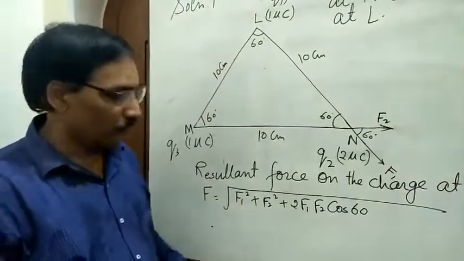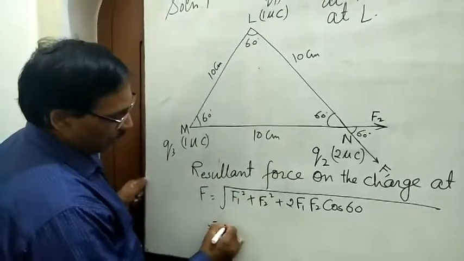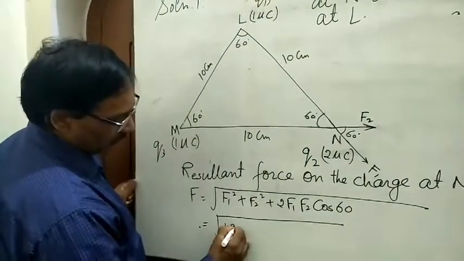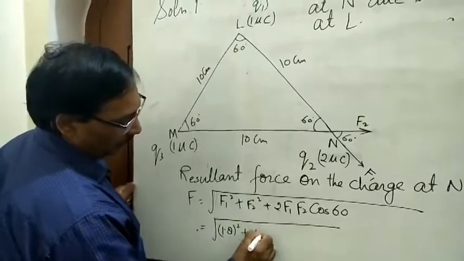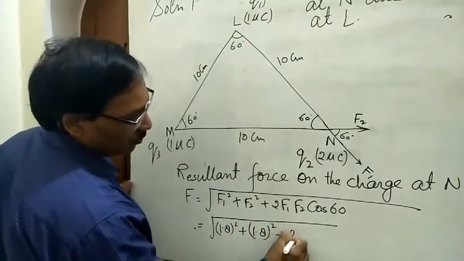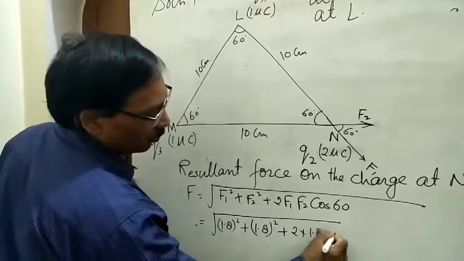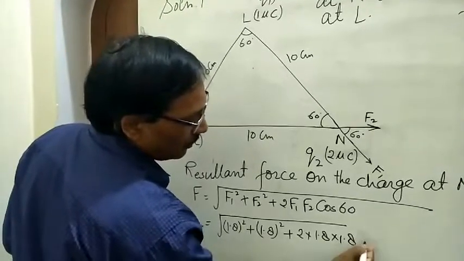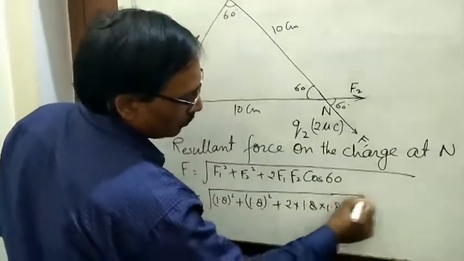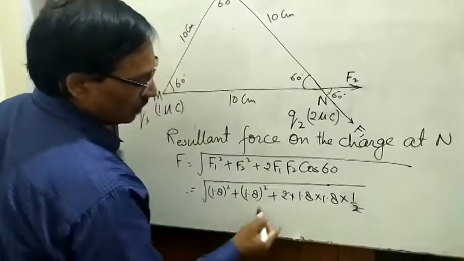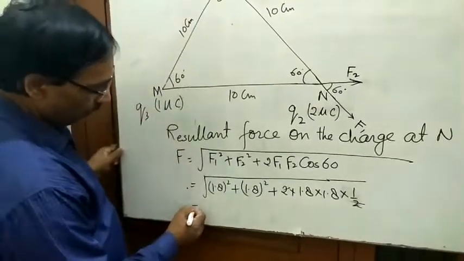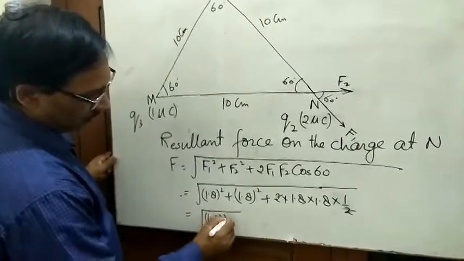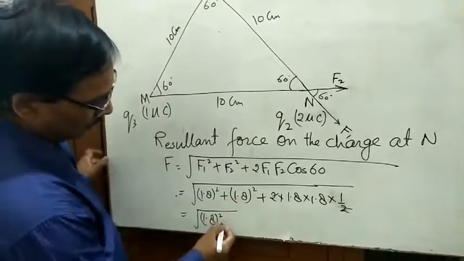We will use this formula. Now put the values. F1 is 1.8 square plus 1.8 square plus 2 into 1.8 into 1.8 cos 60. Cos 60 is how much? Cos 60 is 1 by 2. Now this 2 and 2 cancel out. So we will have 1.8 square, how many times? 1, 2, 3 times. Into 3.